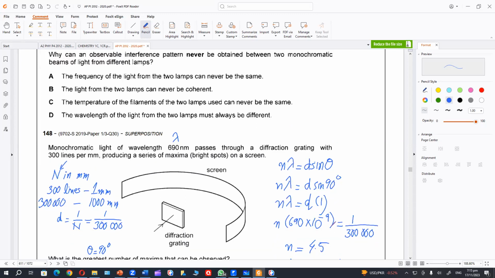Why can an observable interference pattern never be obtained between two monochromatic beams of light from different lamps? The frequency of the light from the two lamps can never be the same.